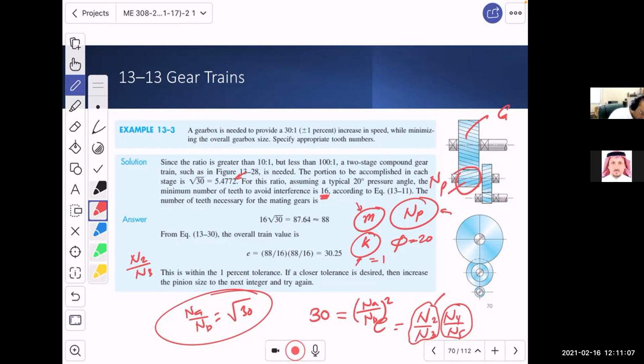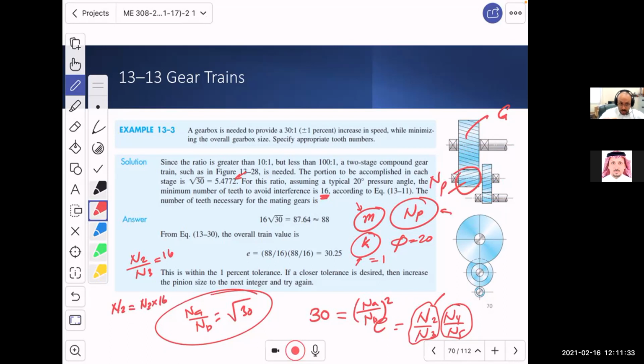And that means that the ratio here is going to be 16, which means that N2 is equal to N3 multiplied by 16. What will that give you? You will know approximately what is the size of the gear.